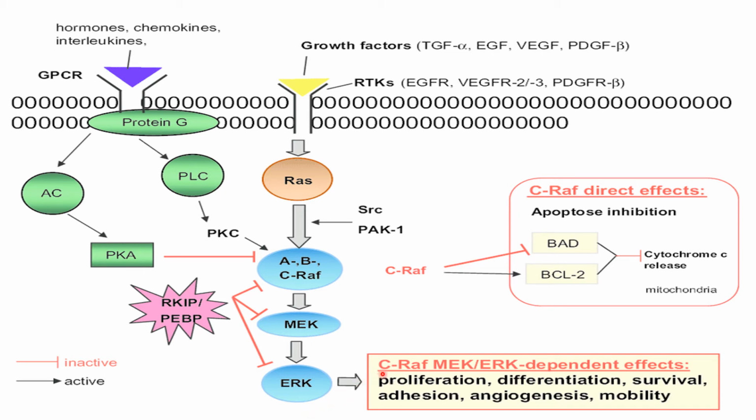This cascade of CRAF, MEK, ERK dependent effects shows proliferation, differentiation of the cell, survival of the cell, adhesion of the cells to other bodies, or interadhesion, angiogenesis in the case of cancer, or proliferation or mobility of the cell. So anything related to growth and differentiation is carried out by this pathway, and many other pathways also.